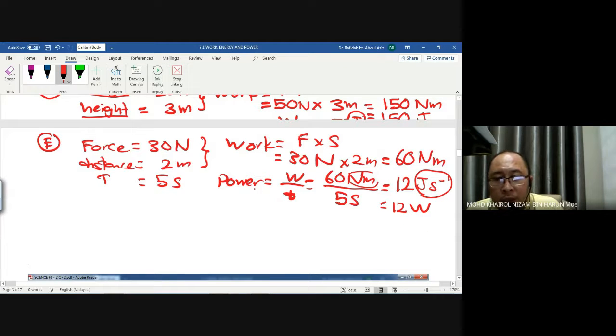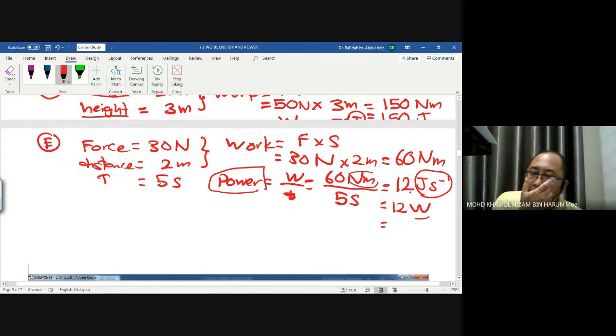Because the unit for power is watt, we can say 12 watt. That is the same as 12 joule per second. So this is how to convert the unit given during the calculation.